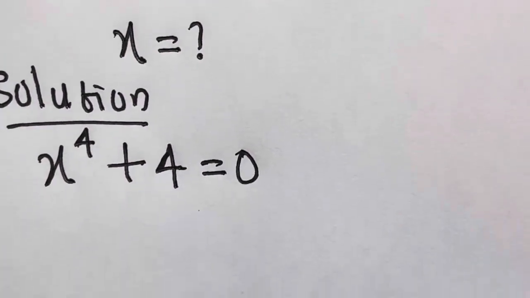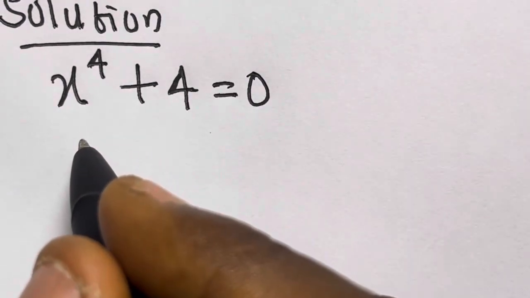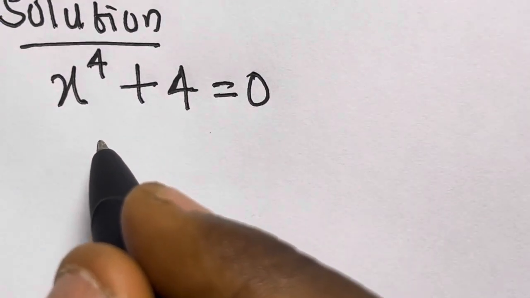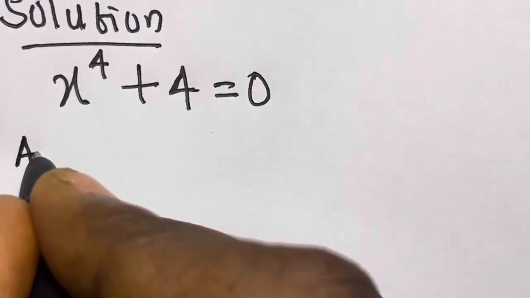So from here, let us add plus 4x squared minus 4x squared to the left hand side.